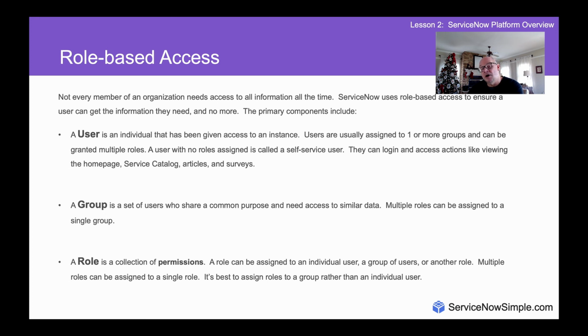Interestingly, a role can also be assigned to another role. So you could have a larger parent role that is made up of sub-roles, each of which has its own permissions, in which case users that are a member of that group would have access to all of the permissions that exist across all of the roles that were assigned either to that parent role or to that group.